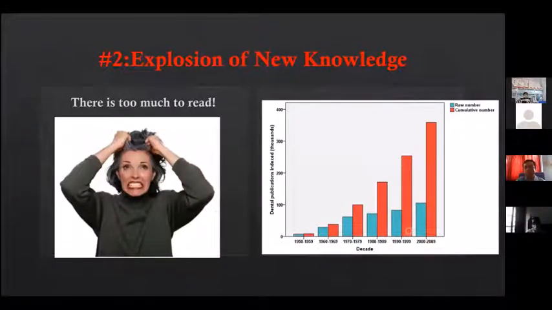Every year, the number of articles in the dental literature is increasing exponentially. If you observe this graph, it represents the number of new articles added in the index journal in a decade. You can observe that there is an exponential increase in the number of articles.